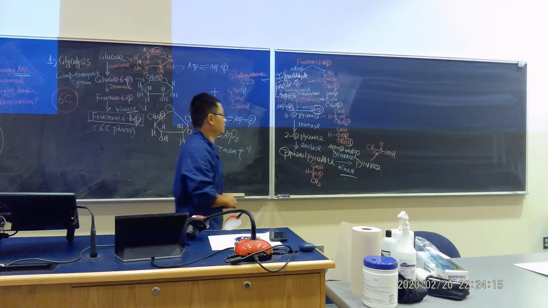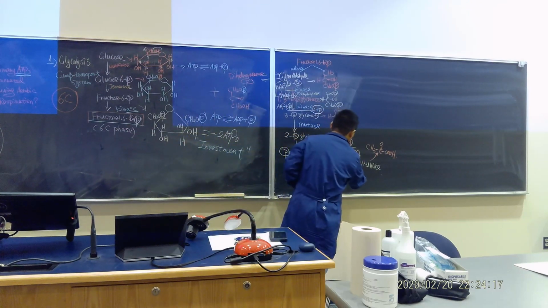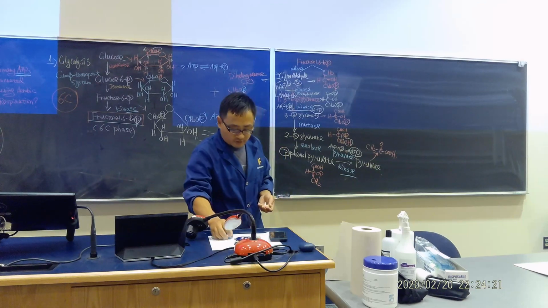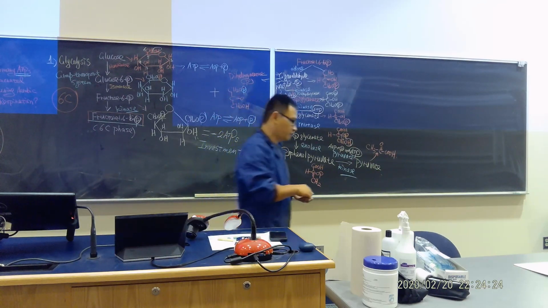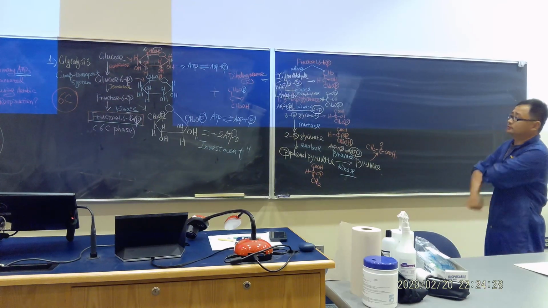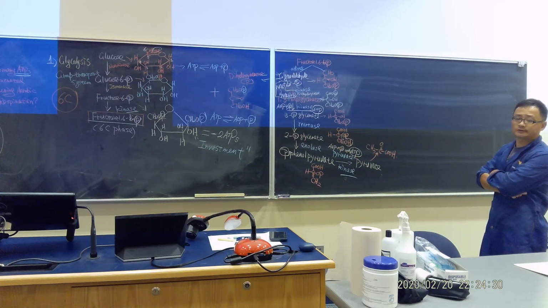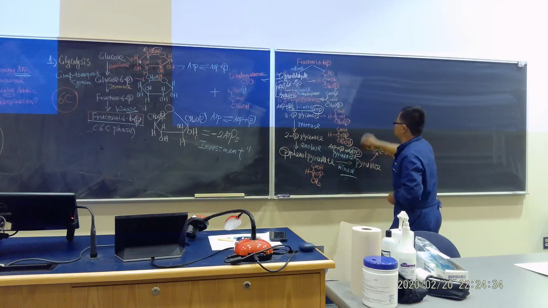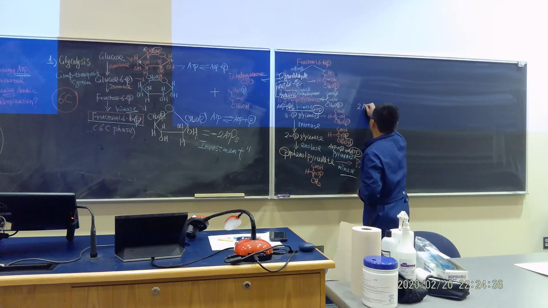Okay, here is the thing. You read a textbook or whatever the class tells you, high advanced nutrition. They say glycolysis generates only 2 ATP, is that right? Yes. Okay. 2 lines. Okay, so 2 ATP right here.